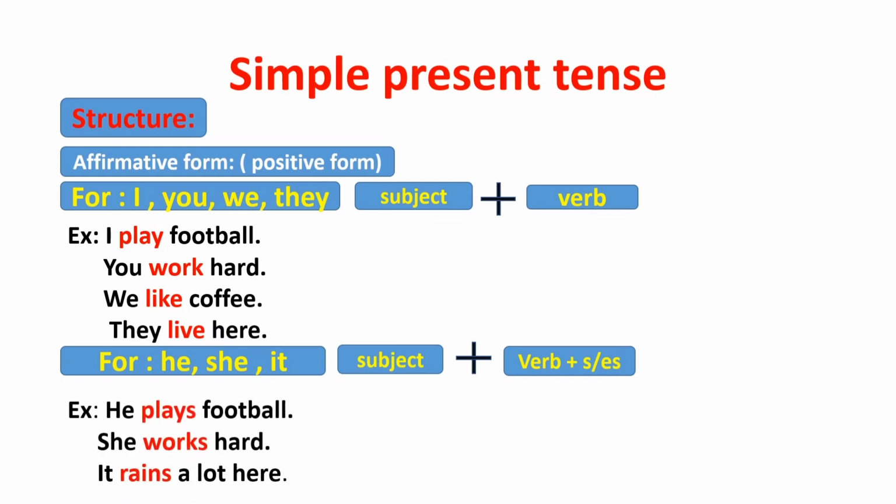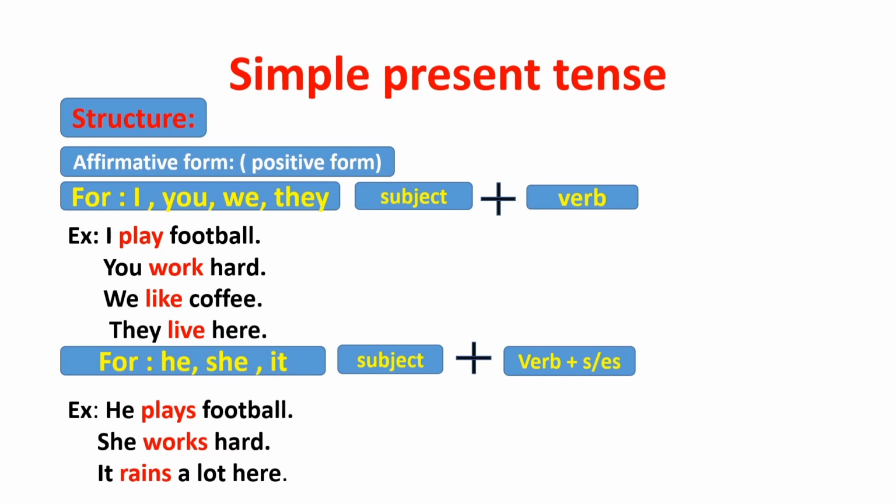For example, he plays football. She works hard. It rains a lot here. So see, we have play used with the I subject pronoun, but plays with the he subject pronoun. We have work with you, but works with she.